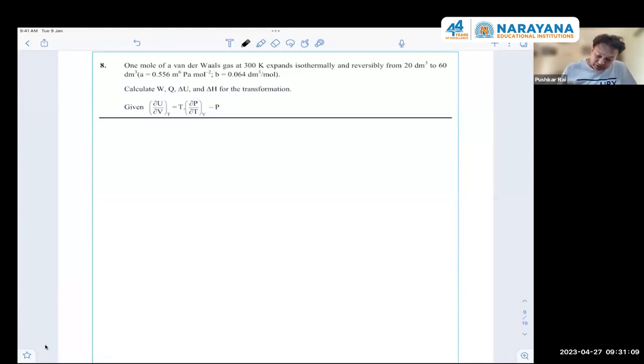Already you can see delta H, delta U, everything can be calculated. Already told you, first you will calculate delta U, then you can also calculate W. And once you get W, you can also get delta H is equal to delta U plus P2 V2 minus P1 V1.